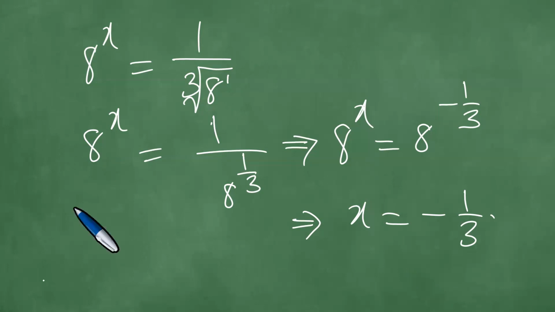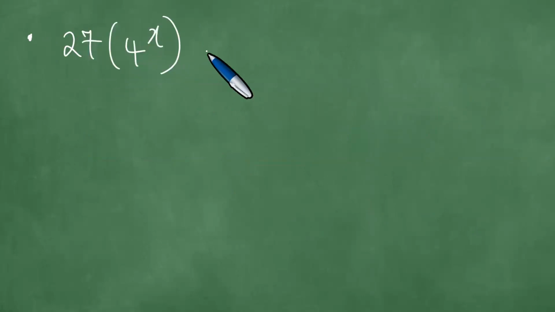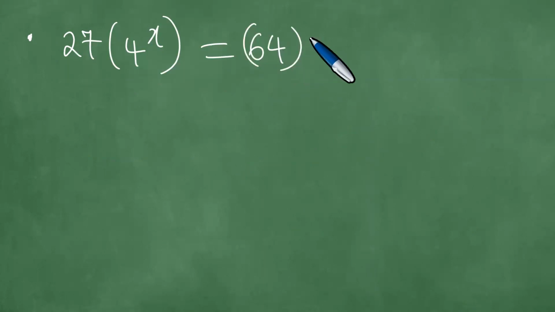All right, let's look at the next one. 27 into 4 to the power x is equal to 64 times 3 to the power x.